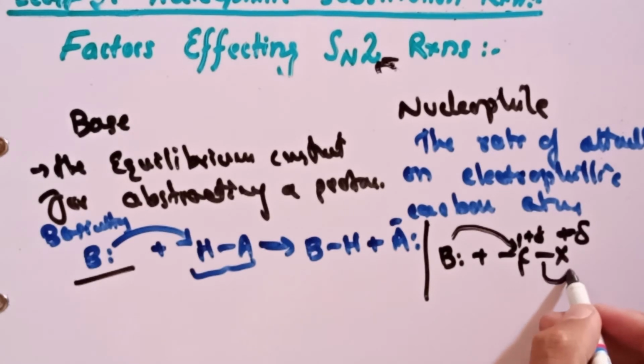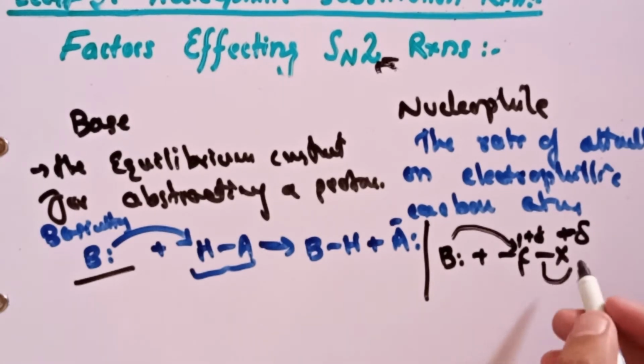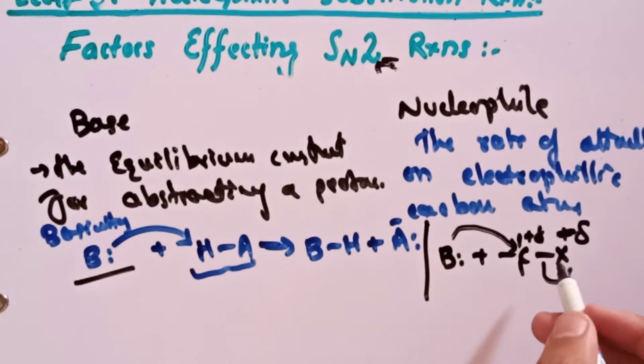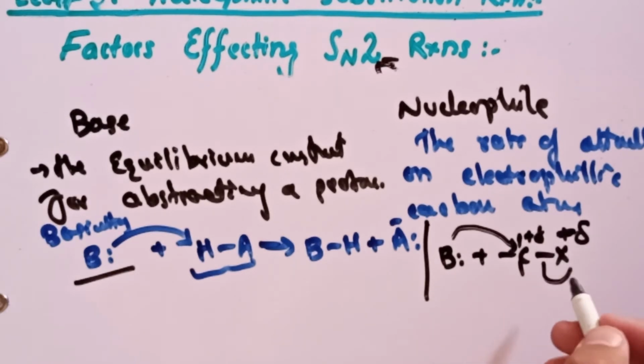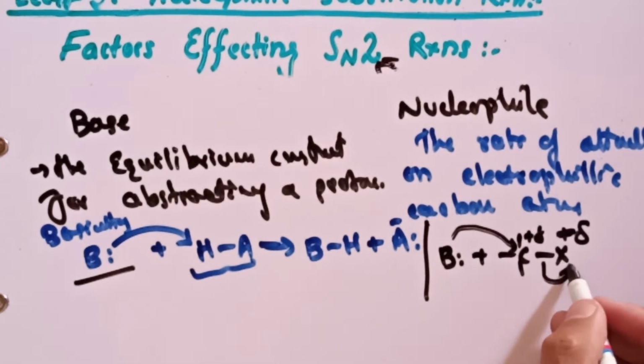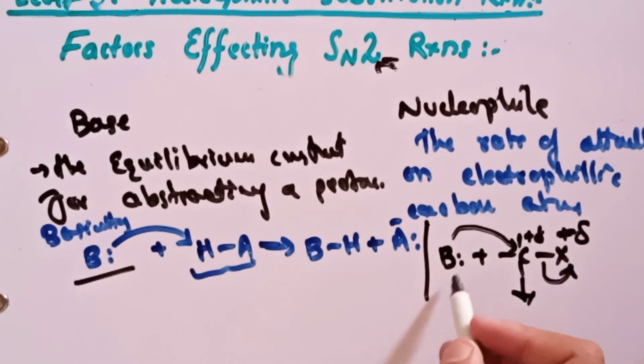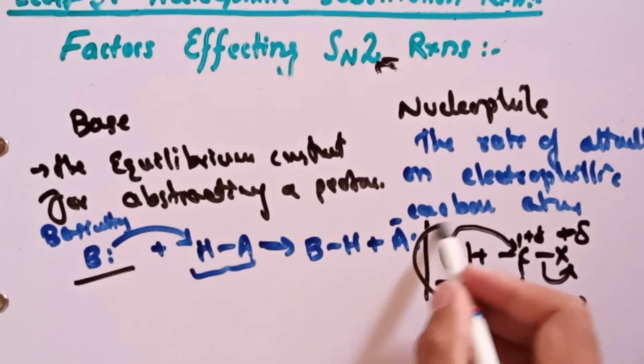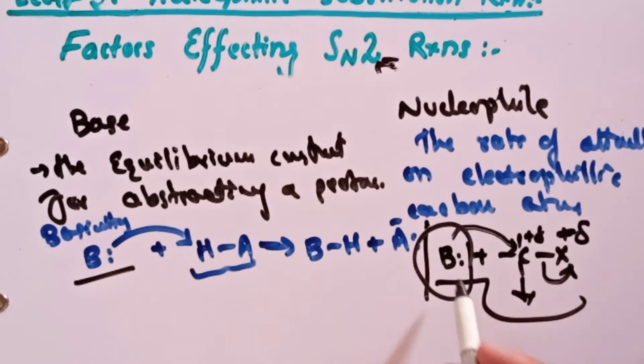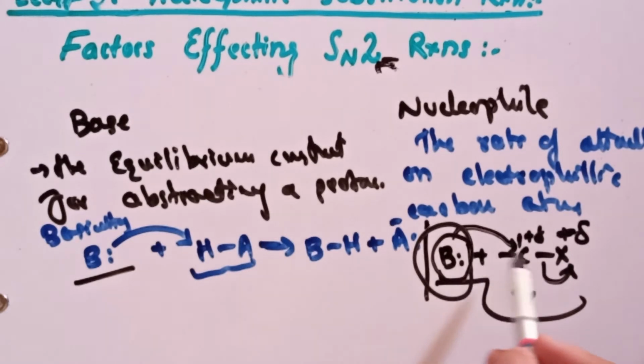The leaving group is the group with the most electronegative atom, which will be left by the group. So this will act as a nucleophile. According to this concept, the species that donate a lone pair will act as a nucleophile, attacking on the electrophilic carbon.